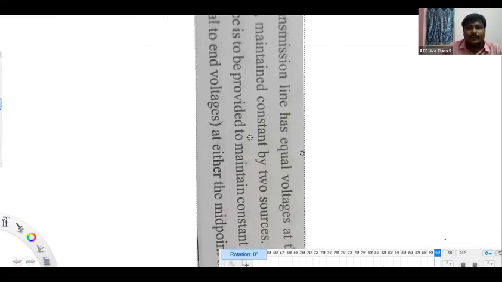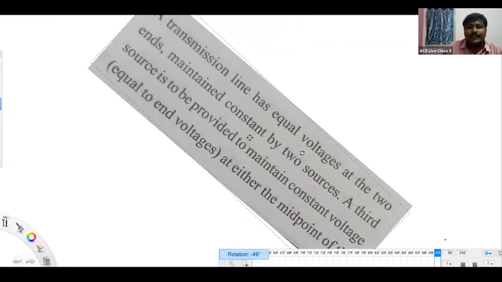Observe here. It's a question asked in the GATE examination.